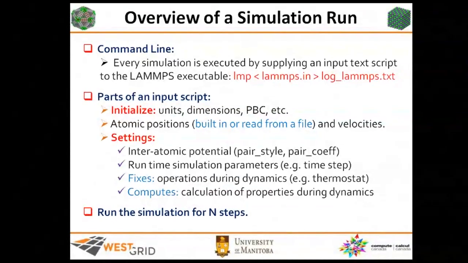The first part is the initialization. You need to specify which units you are using, the dimension of the problem, 2D or 3D, periodic or fixed boundary conditions, and you also have to put the atomic positions. There are different possibilities to get them.